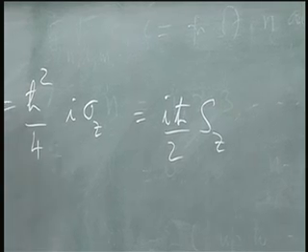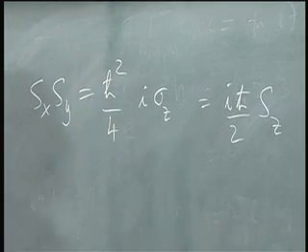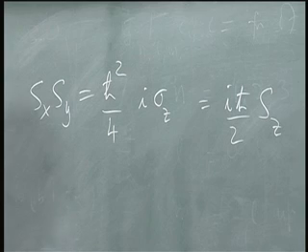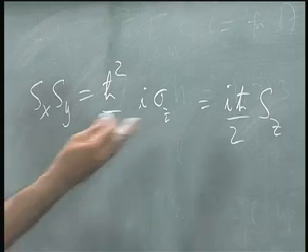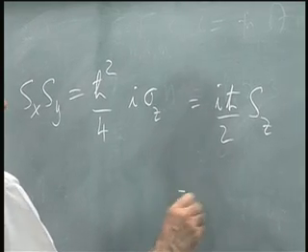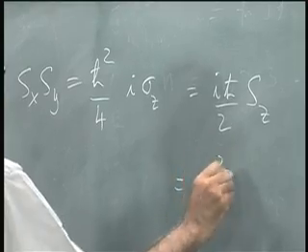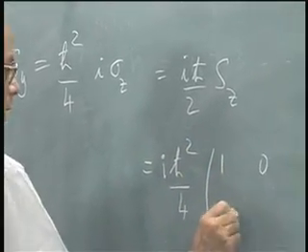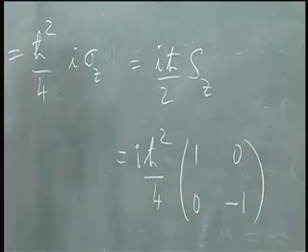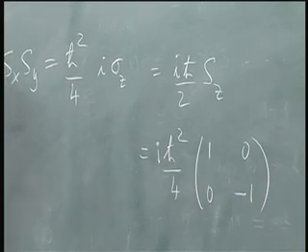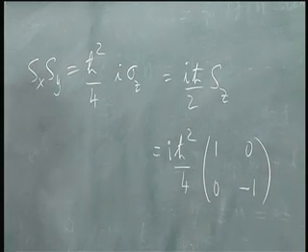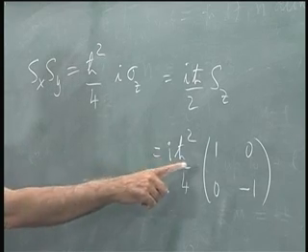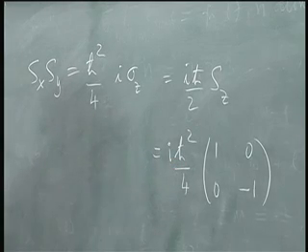Okay. So you can retain it either in this form or in that form, it does not matter really. Then what is this matrix equal to? As a matrix, this is equal to ħ squared over 4 times i times the matrix 1 0, 0 minus 1, that is it.